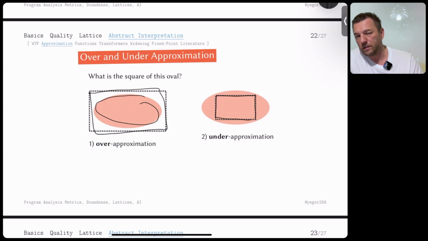Or you can give me an under-approximation. Let's say you tell me that the function returns number 5, while in reality the function will return 0, 7, 3, 5, including 5, and some other numbers. But you're giving me just one number.